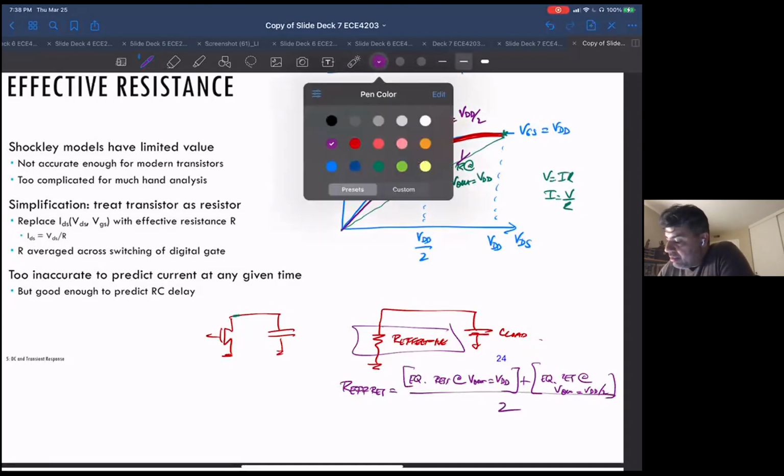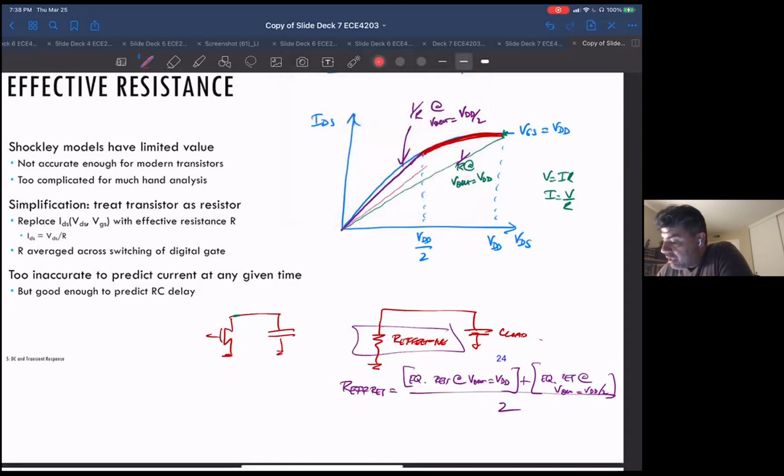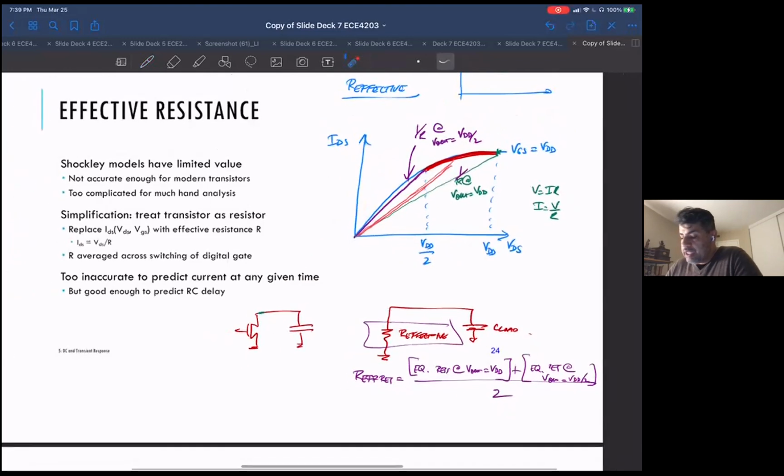Just roughly something like that. And I'm going to say, hey, I'm going to use this as an R value. When you plot a resistor, it can't be cantering off somewhere, because that would be a resistor with a voltage source. If I'm going to pretend it's a resistor, it has to go through 0. So it has to be this, or this. That's why I end up with that effective resistance. Any questions about that?